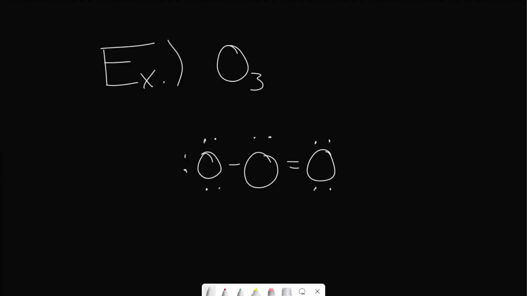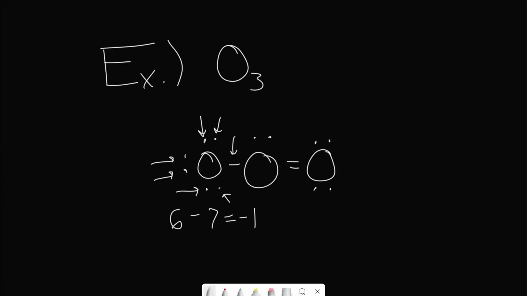But if we go and determine the formal charge of the oxygen atoms, then we see a different story. The normal valence electron count of oxygen is 6 electrons. But when you count up the sticks and the dots, there's 1 stick and 6 dots. That means there are 7 electrons surrounding oxygen, which is 1 more than it should.